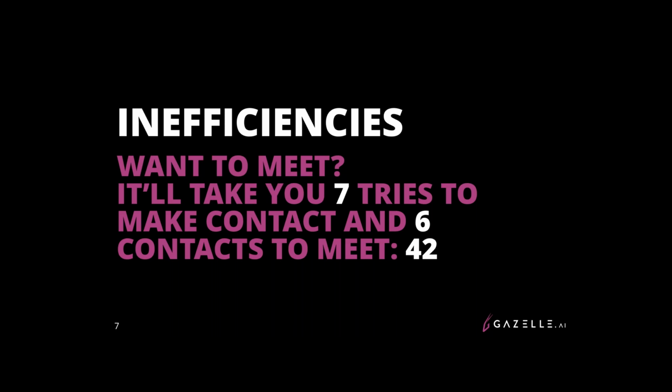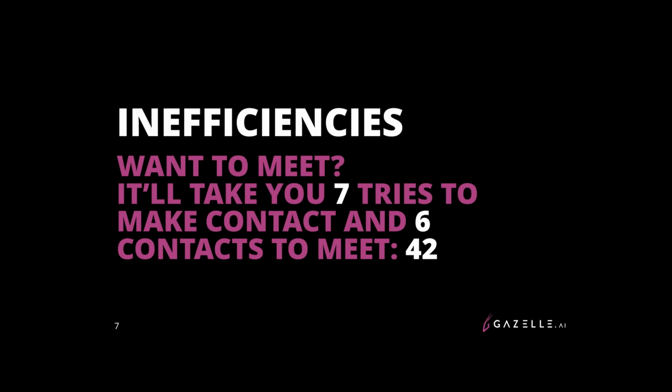So if you want to meet a company, based on our experience at ROI over the years, it usually takes about 7 tries to get through to a decision maker. So that could be an email, it could be a phone call, it could be leaving a voicemail. And then on top of that, based on our statistics, it usually takes around 6 touches to get a meeting, right?